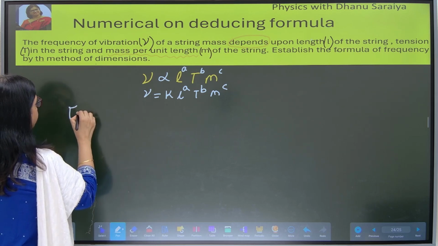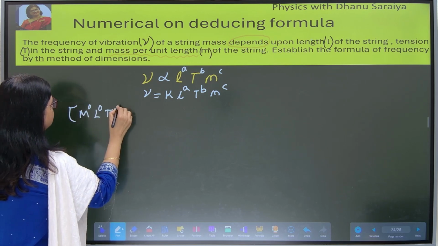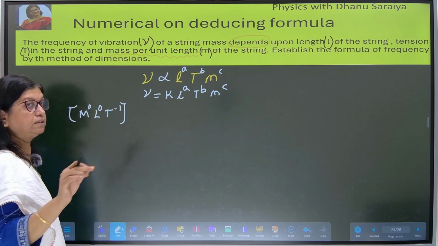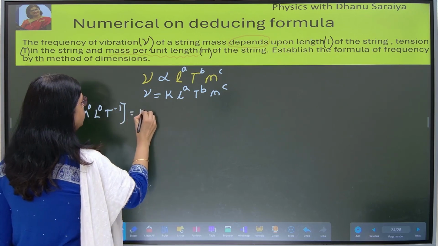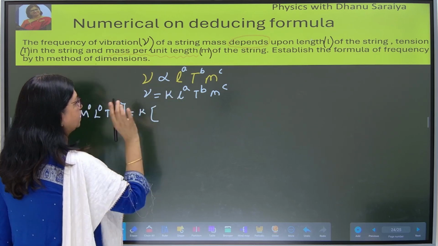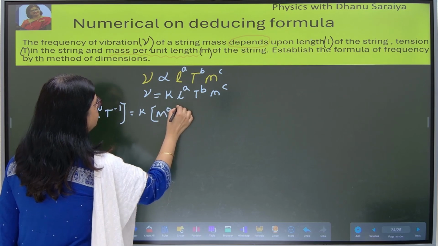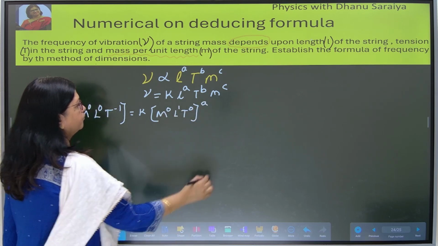Nu: M raised to 0, L raised to 0, T raised to minus 1. Go back to standard 9 where frequency is the reciprocal of time period. This is equal to k. What is the dimension formula of L? K is dimensionless. L: M raised to 0, L raised to 1, T raised to 0, power A.